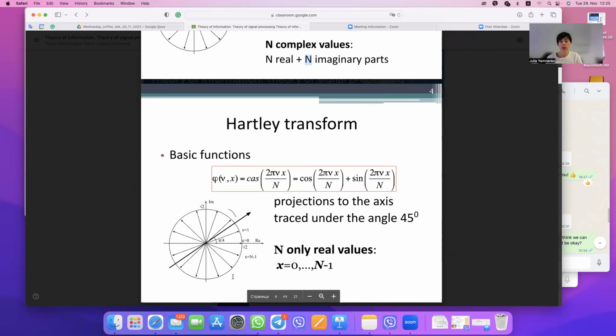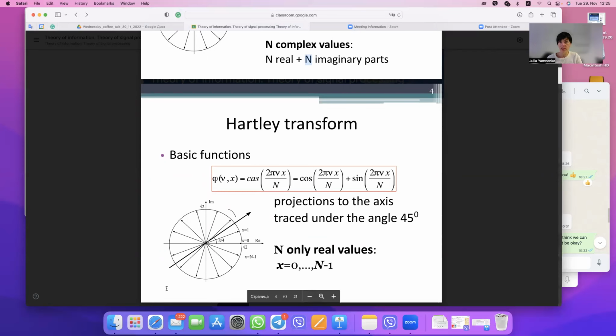So if we would like to represent it in graphical form, at the complex coordinate plane, we will have no real and imaginary part. Actually, they are here, but we don't use them in the formula for the basic functions. There are only real numbers.